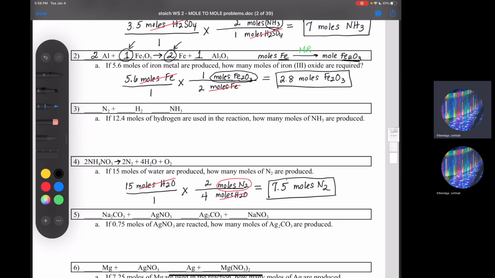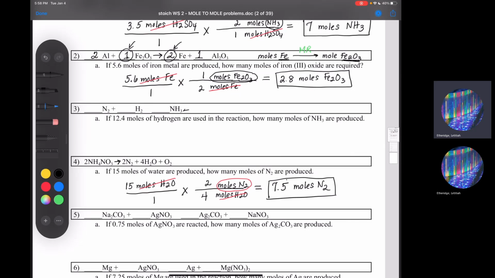Okay, so the first thing is we need to balance. This equation is going to be interesting to balance, right? So here's the deal. Now, this is a trick that I talked to you about in first semester. You have a 3 here, and you have a 2 here. When you see 3's and 2's, put 3's and 2's. Okay?